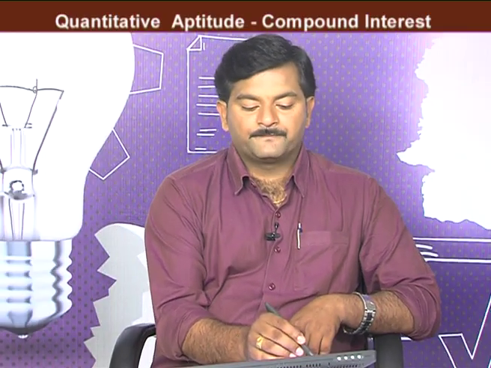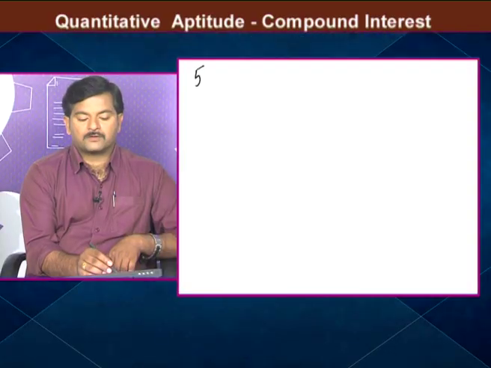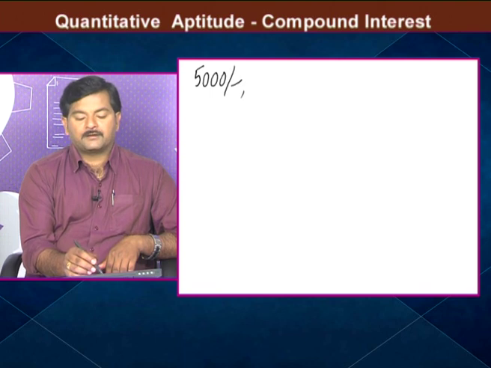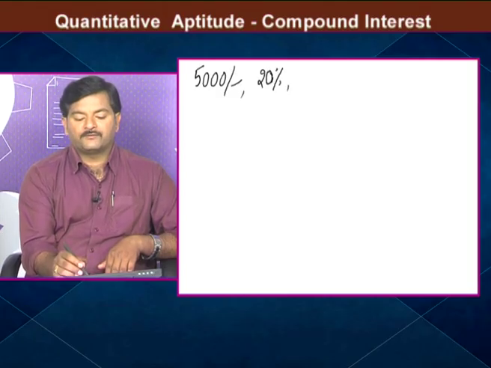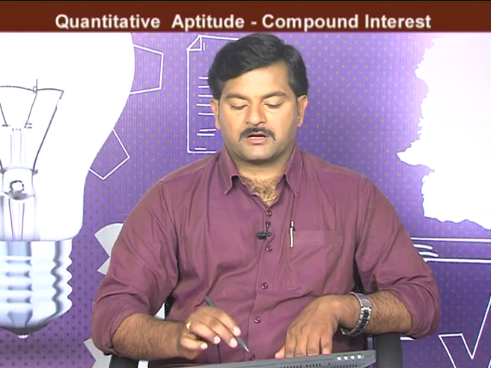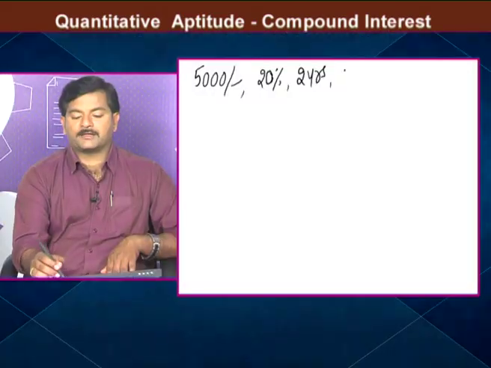For example, a person borrowed rupees 5,000 at, let's say, 20% per annum rate of interest for 2 years on compound interest, if interest is being compounded half yearly.